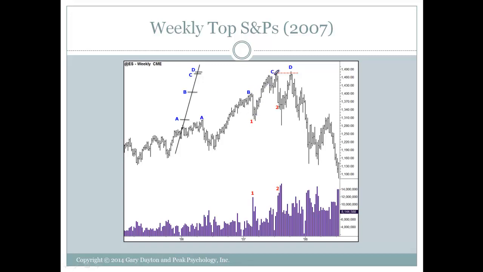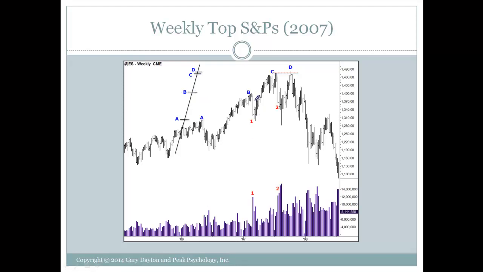Now it comes up to C. And notice that the thrust from here to here has gotten less. So we're starting to see the thrust shorten. Then we make one more high up here at D, and we got minimal thrust. So real shortening of the thrust coming up. That's one thing to notice about this.